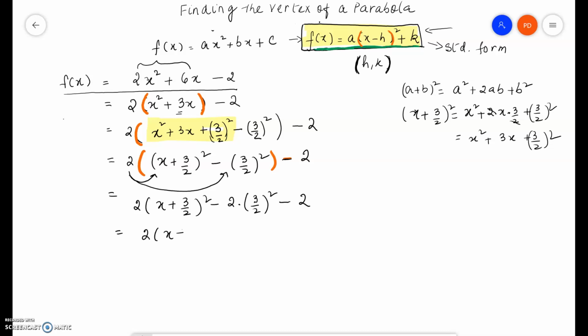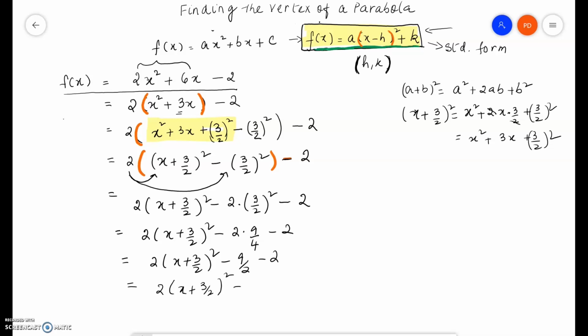So that's 2 times x plus 3/2 the whole squared. When we simplify, the 2 times 3 over 2 the whole squared is 9/4 minus 2. That's equal to 2 times x plus 3/2 the whole squared minus 9/2 minus 2, which is equal to 2 times x plus 3/2 the whole squared minus 13/2.